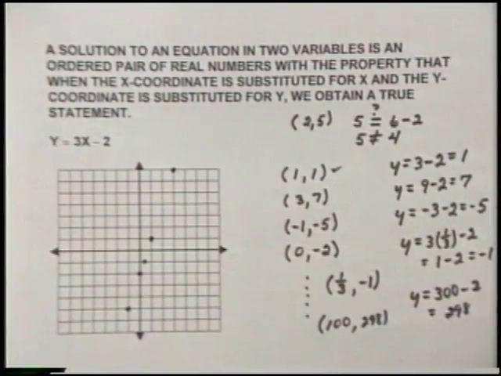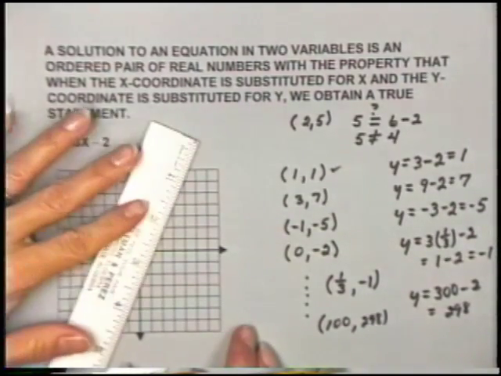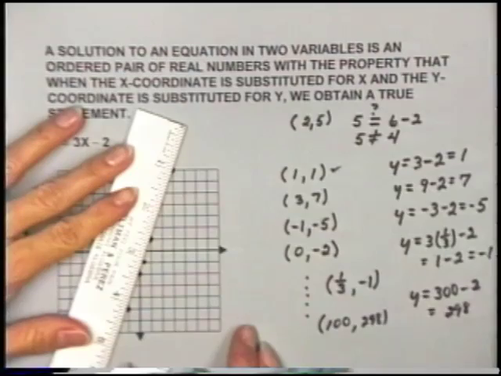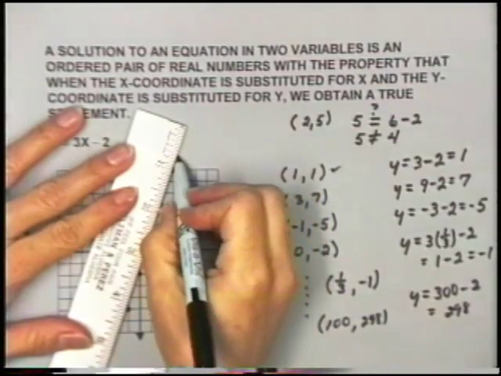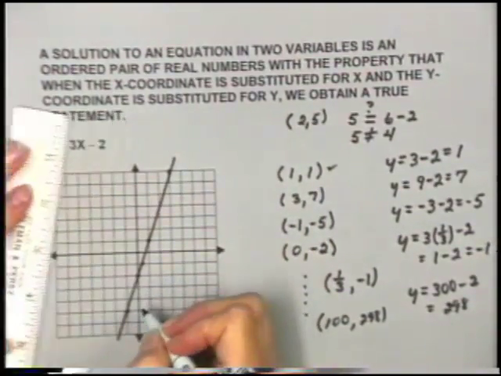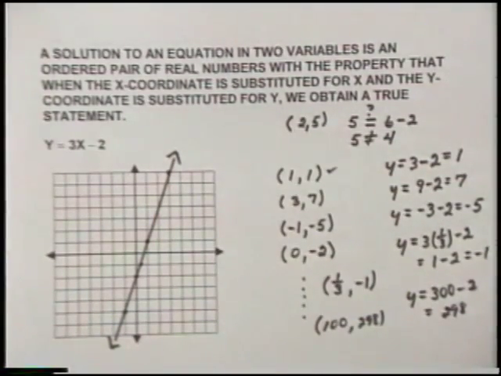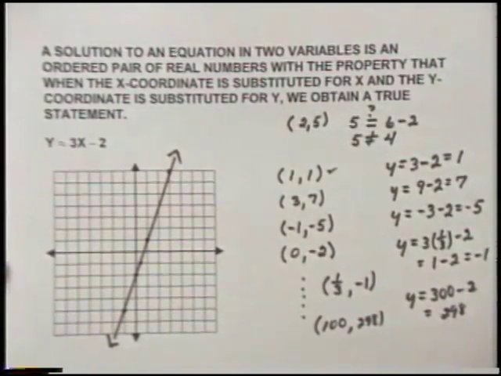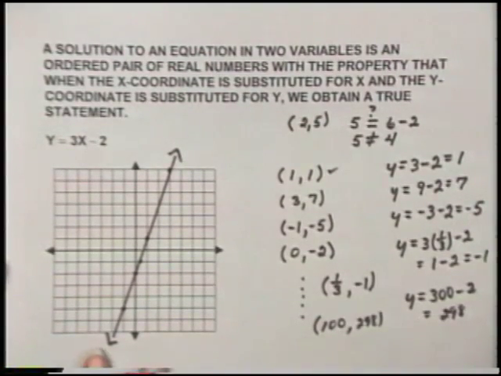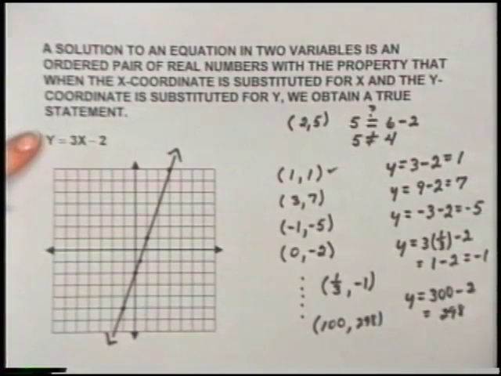But what we're going to do is connect these points that we have located here with a straight line. And I'm going to put a little arrow on each end of that line to indicate that this line would continue. What we're saying is that this line is a picture of the solutions of this equation right here.